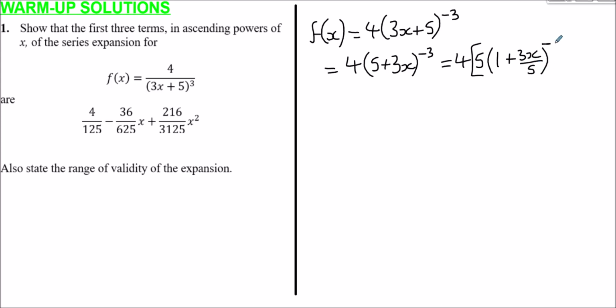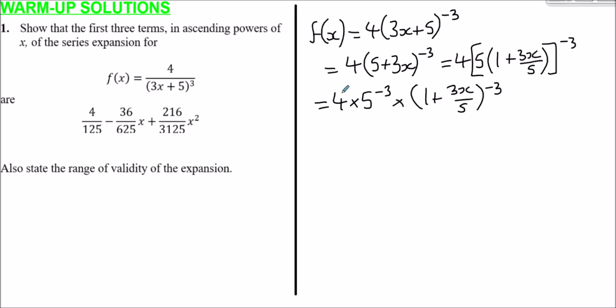So it's all of that to the power of minus 3. So we've got 4 times 5 to the minus 3 times (1 plus 3x over 5), again to the minus 3.